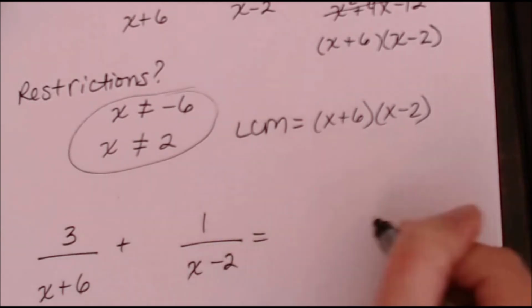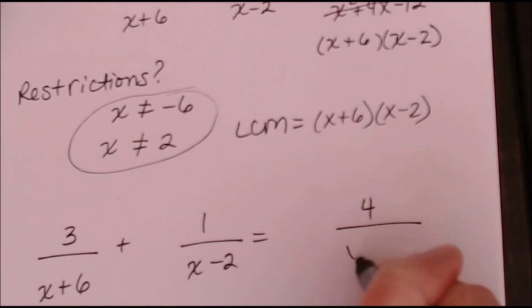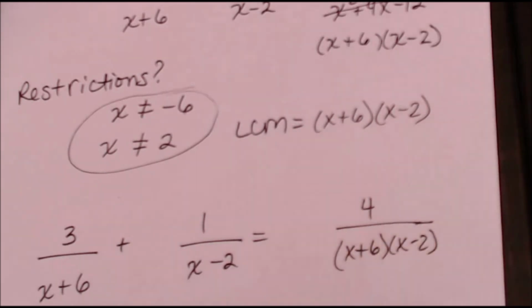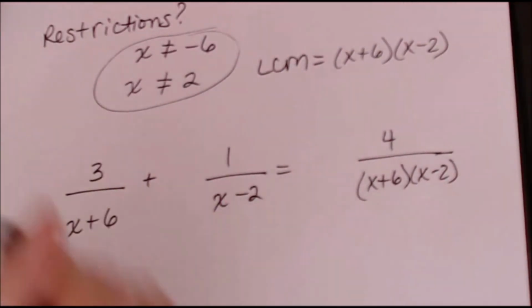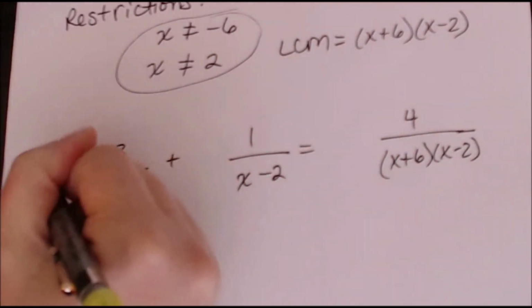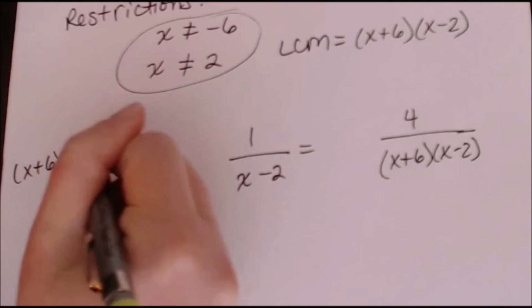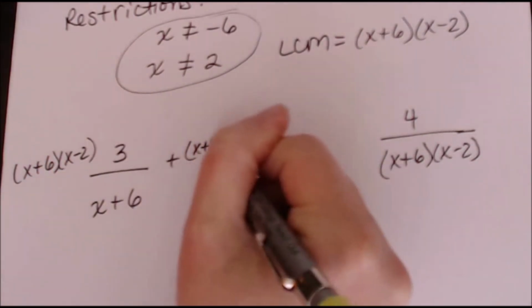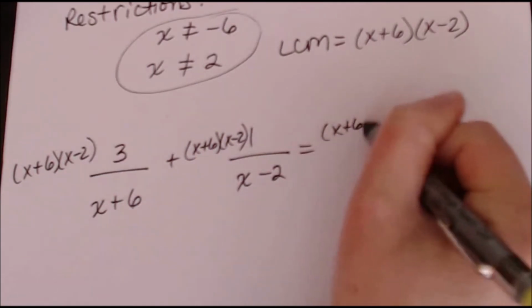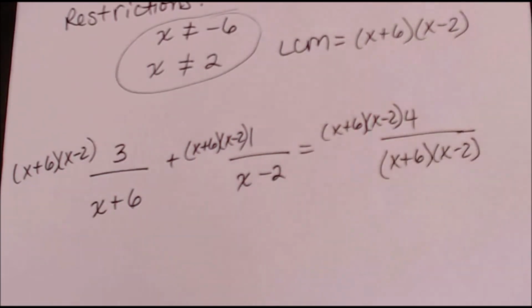So let's see. So we get 4 over x plus 6 times x minus 2. So I'm multiplying everything up there by that least common multiple. So over here, we have x plus 6 times x minus 2. The next term, we have x plus 6 times x minus 2. And then the last term, we have x plus 6 times x minus 2.